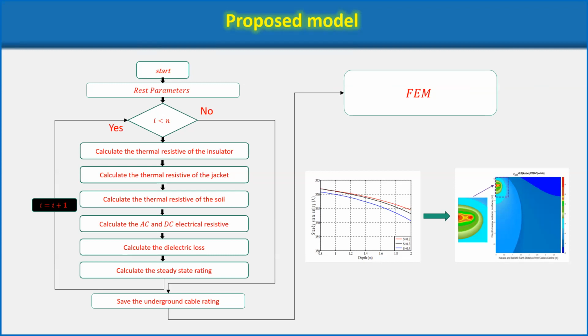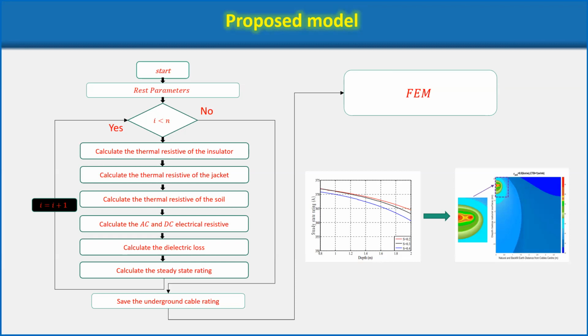Finally, if the number of iterations exceeds the number of parameter values, we save the underground cable rating and take it to the finite element method. Actually, others developed the finite element method to be compatible with the mathematical model we proposed.